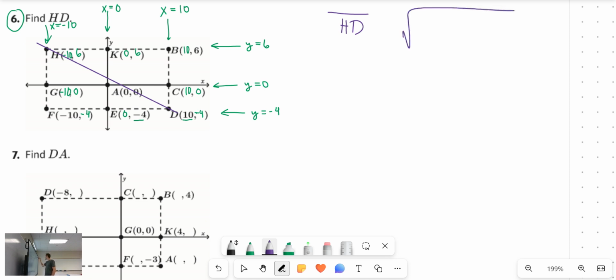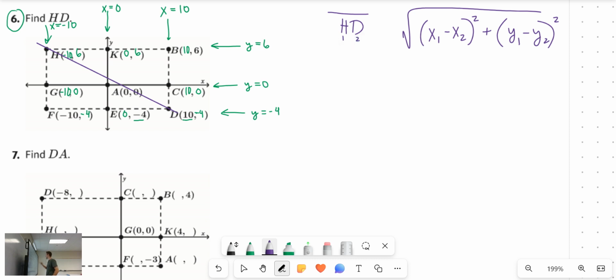So let's write out our distance formula: the square root of x1 minus x2 squared plus y1 minus y2 squared. We can do x's or y's; it doesn't really matter which one comes first. The 1 and the 2 are our two points.